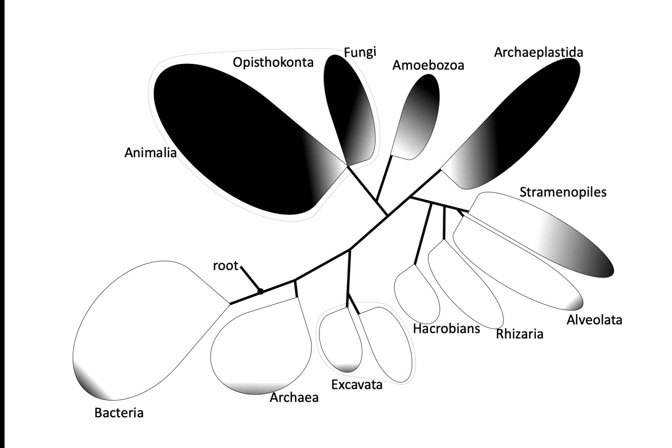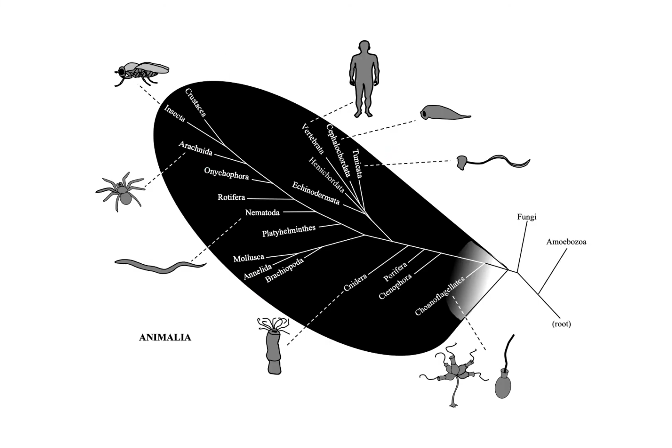So you can see, even with bacteria, certainly most of them are unicellular, but there are a few that are multicellular. The same with archaea, excavata, and some of the protists, although stramenopiles have a lot of multicellular representatives. By the time you get up to plants, amoebozoa, and opisthokonts, most of the members are multicellular.